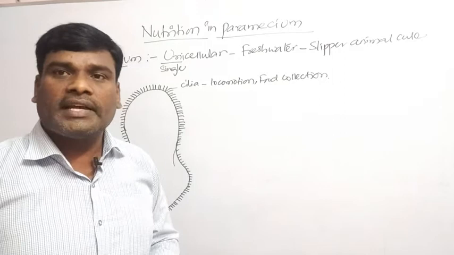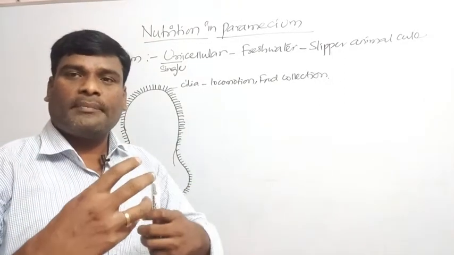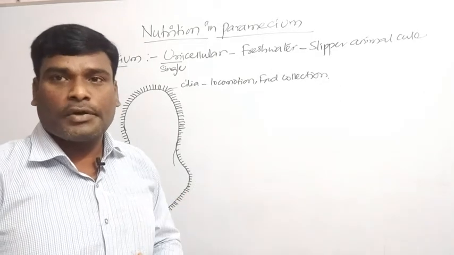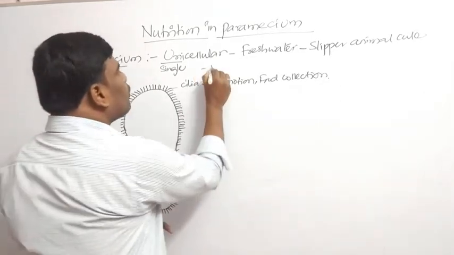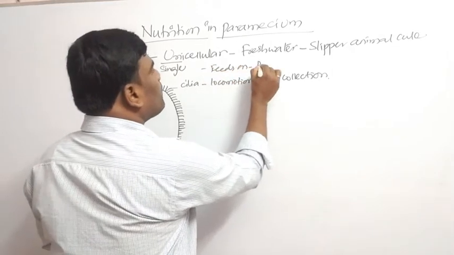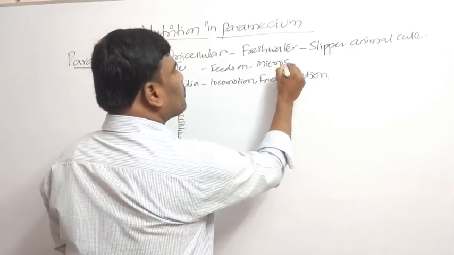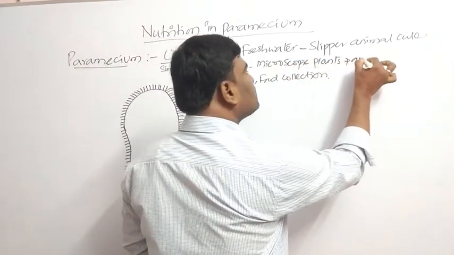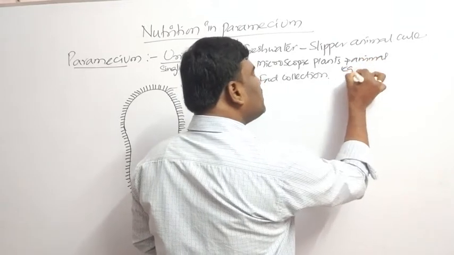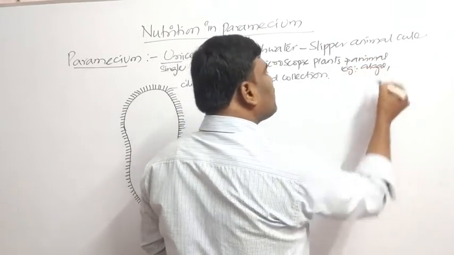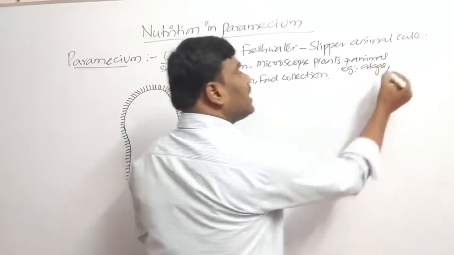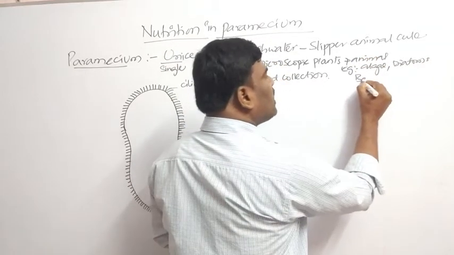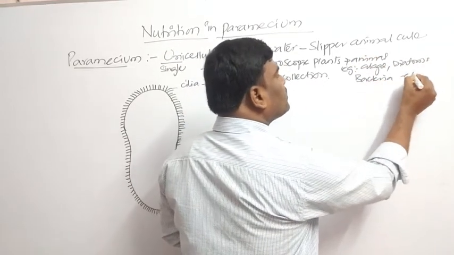Because of the water current, the microscopic particles of plants and animals come in. Generally this Paramecium feeds on microscopic plants and animals, such as algae, diatoms, bacteria, etc., children.